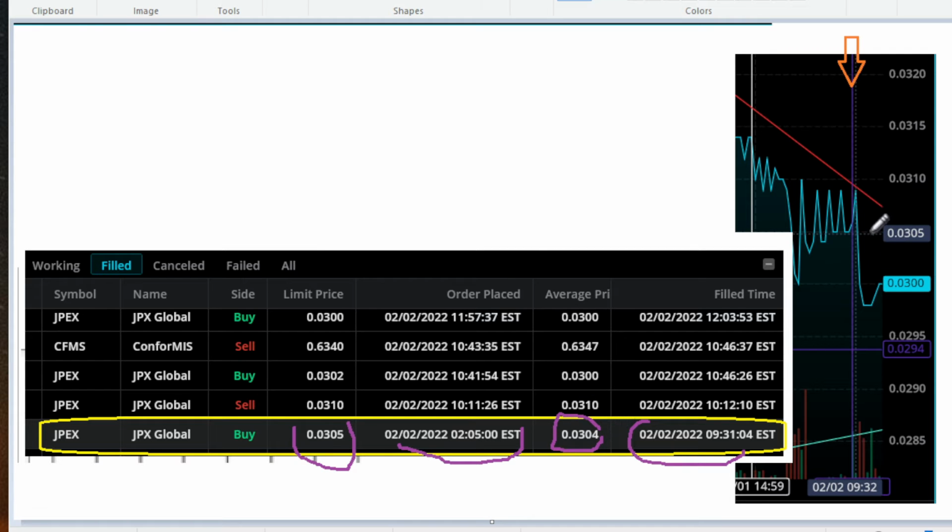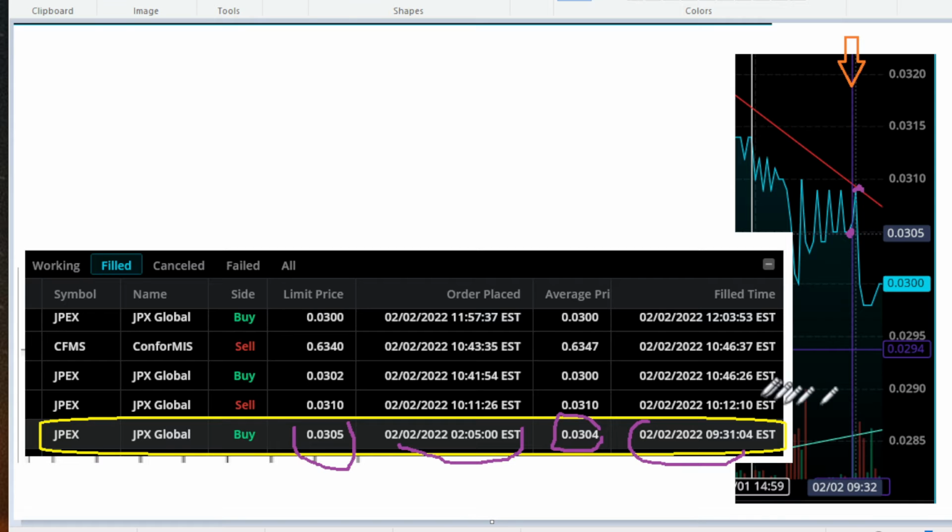So we can say that it was somewhere in here, 304, somewhere in there.